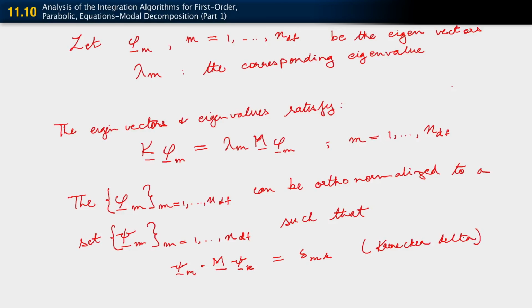And furthermore, the set psi m, that set of eigenvectors, when I say they're orthonormalized, what I can further say is that they are M orthonormal. It can be interpreted as being orthonormal with respect to m.